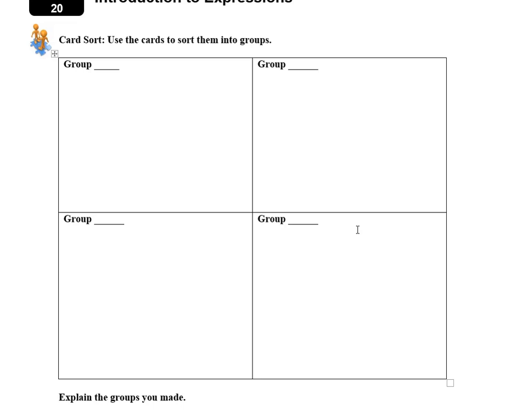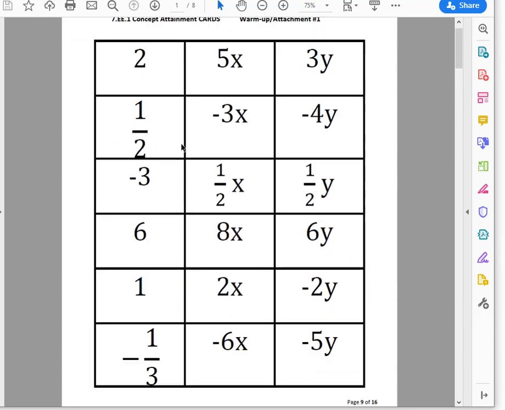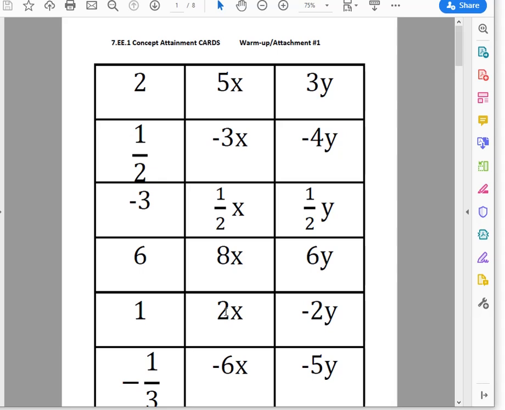Okay, some conversations maybe. I'm walking around the room. Oh, I noticed that you put this 0.8x with this negative 0.4x, but you put 1/3 x in a different group. Why did you decide to put these into separate groups? Oh, I noticed that you put 2 in the same group as 2x and negative 2y.